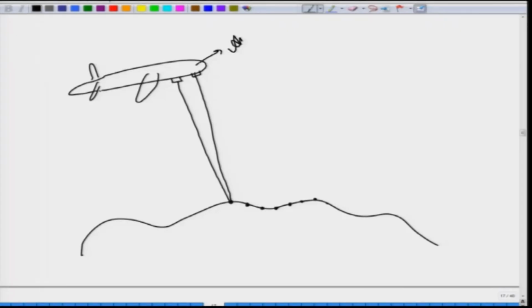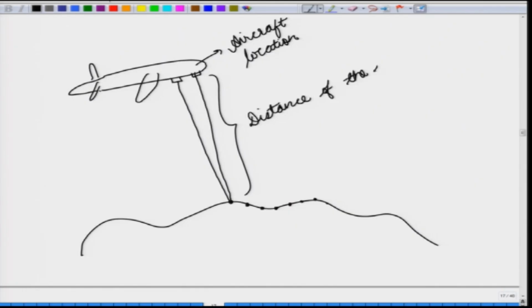So, you need to know the location of the aircraft, and secondly you need to know the distance of the object from the aircraft, and third you need to find out the angle. So, if this is say the vertical, then what is this angle? So, you need to find out the angle.